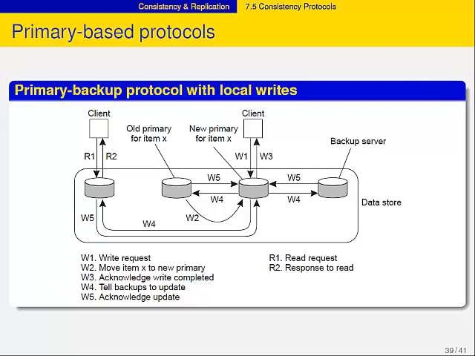So one will become the primary. Let's say that this client over here now becomes the primary, or can act on the primary. What this protocol implicitly assumes is that you are only allowed to operate on the primary when you're a writer. So if you're also a writer, you need to make sure that you become the primary, right? Then that's fine.